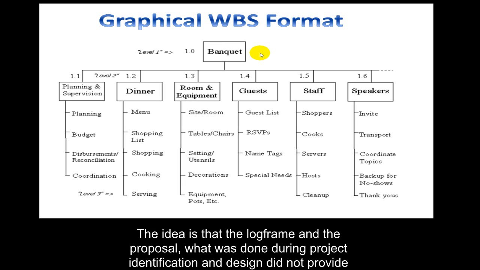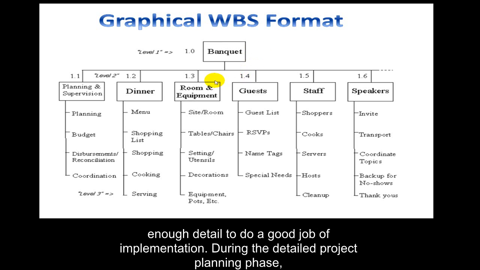But the idea is that the log frame and the proposal and what was done during project identification and design did not provide enough detail to do a good job of implementation.